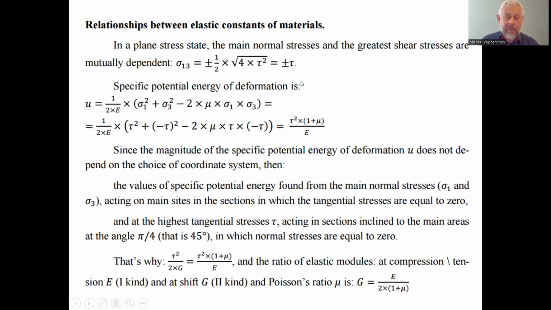So the specific potential energy of deformation, considering the main normal stresses, is given by the formula for the plane stress state.